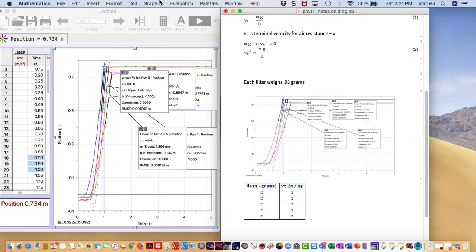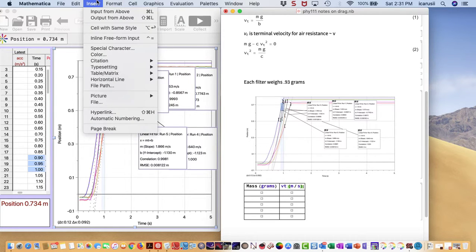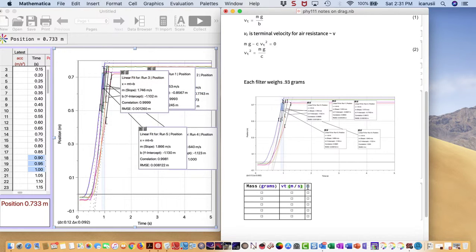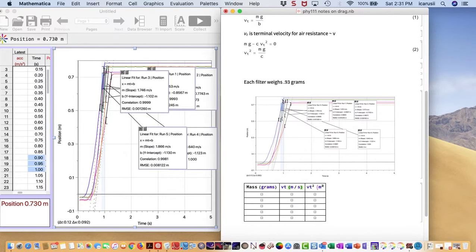Let me do one more column. And this is going to be VT squared. And of course we put the units in. All right, so there we go. So the mass, one coffee filter, I'm just going to use 1, 2, 3, 4, 5.